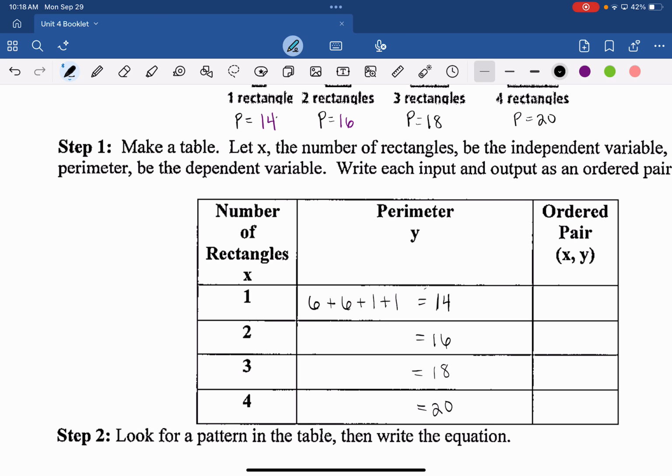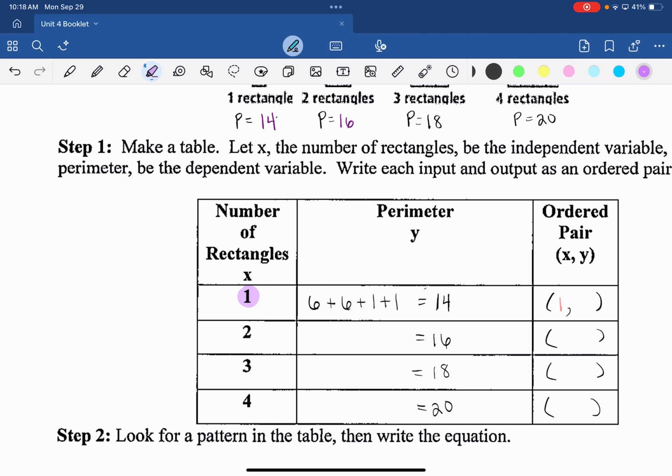Okay. Now we can write our values in a chart as an ordered pair. So if you look up here, it's kind of giving me the framework for it. My ordered pair always has my independent, my input, or my x value first, and my dependent, my output, or my y value last. So we're going to write these all as points. And when I write this as a point, I'm going to take my independent variable, and that's my x value.